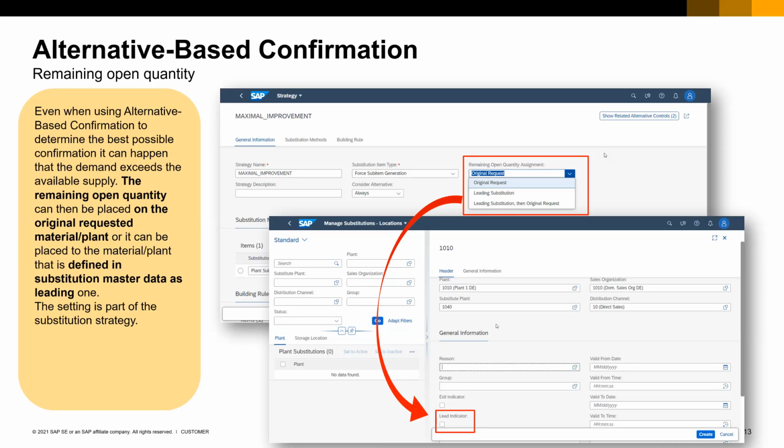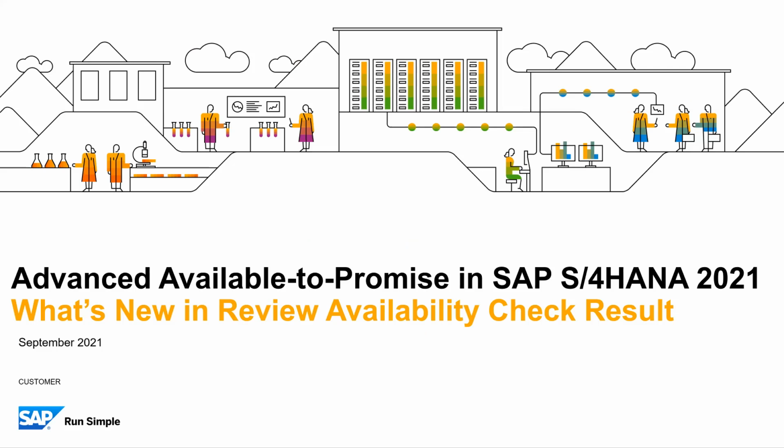And last but not least, I want to show you the new Review Availability Check Result. This is our new delivery proposal screen, our new explanation component for an ATP result.